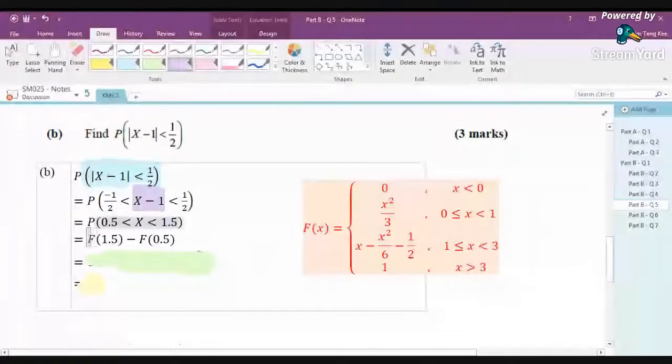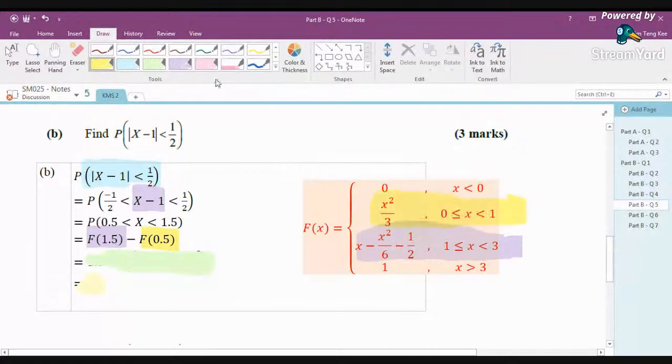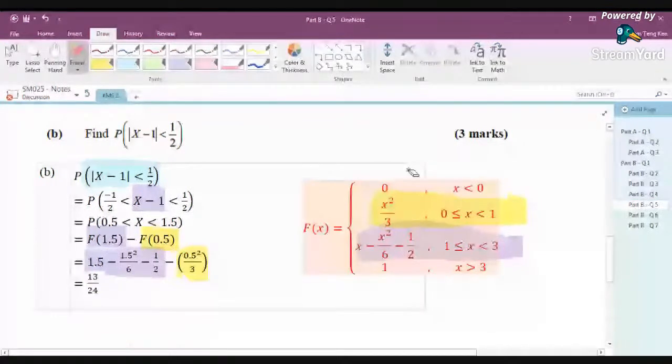And where do I get my F(1.5)? 1.5 is located in the function I highlighted in purple, whereas 0.5, I'm going to substitute into the function I highlighted in yellow, corresponding to the intervals for 1.5 and 0.5. So we substitute, and this gives us the final answer, 13 over 24. Keep it in fraction form so that the answer is more accurate than a decimal.